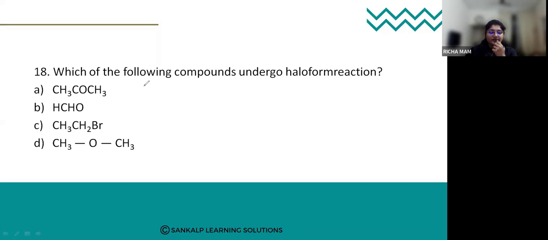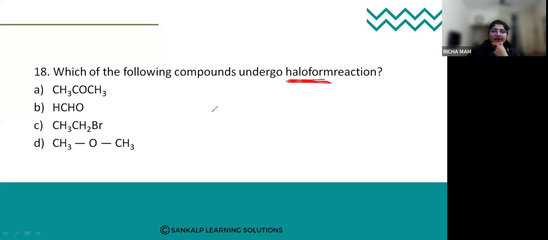Which of the following will show haloform test? The haloform test, that is your iodoform.